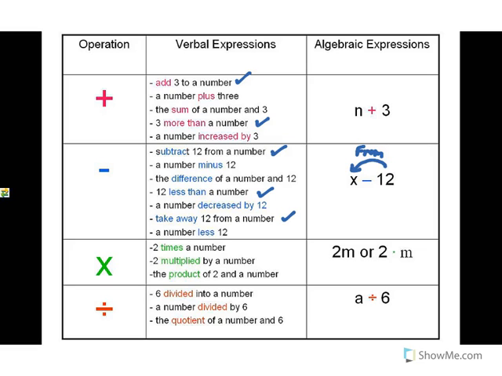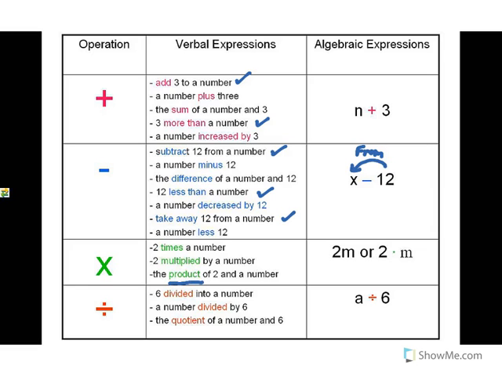In this case, 2 and a number, so that would be 2m. The number could be any variable you want to choose; we're just choosing m for this example. So that multiplication is pretty straightforward. Also, the keyword is product, and product is used quite often.